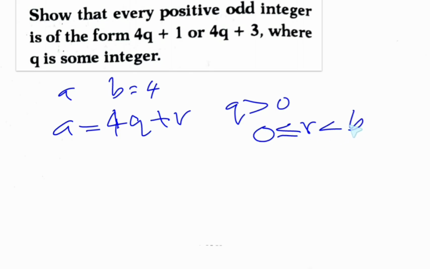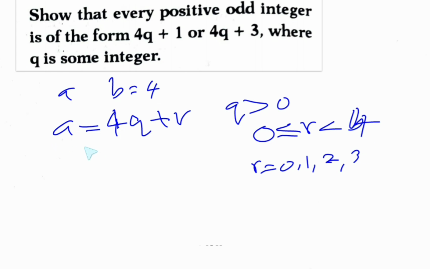Here b is 4. So we can write r equal to 0, r equal to 1, r equal to 2, and r equal to 3, since r is less than 4.